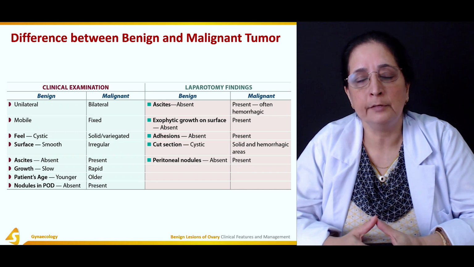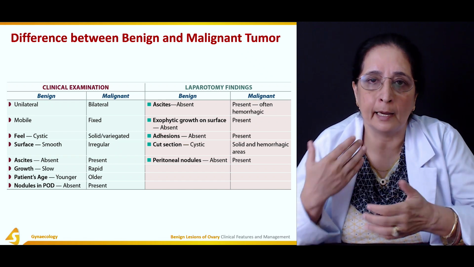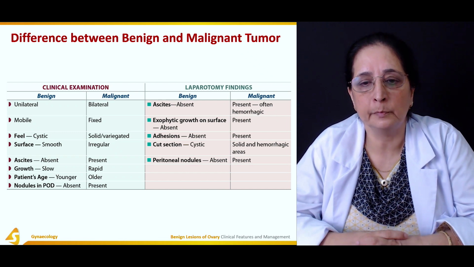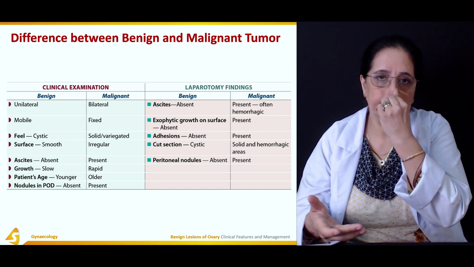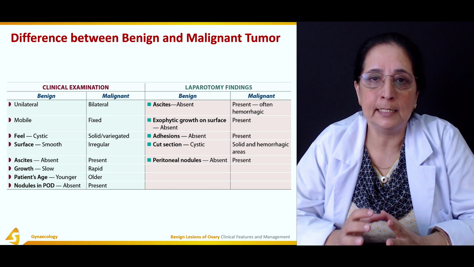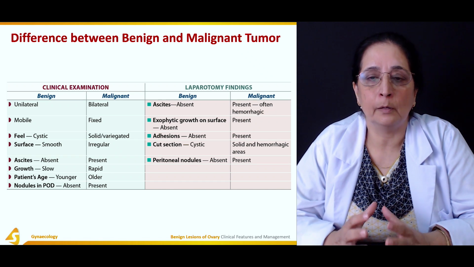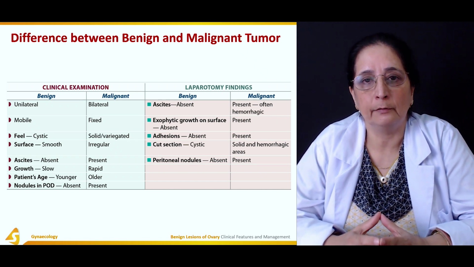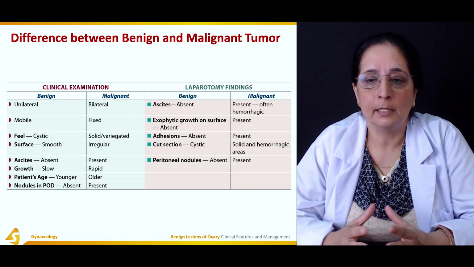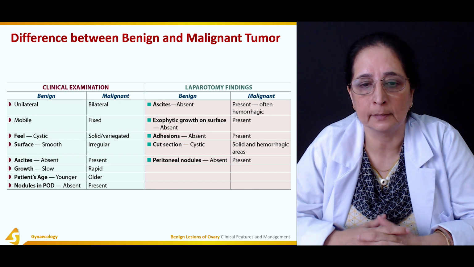Then in laparotomy findings, laparotomy is opening of the abdomen and then direct visualization. The findings are again: ascites is absent in the benign, present in the malignant, and when we see the ascites through the laparotomy, it's hemorrhagic, or blood is present in the ascitic fluid. Exophytic growth on the surface of the ovary is usually absent in benign and present in the malignant growth.